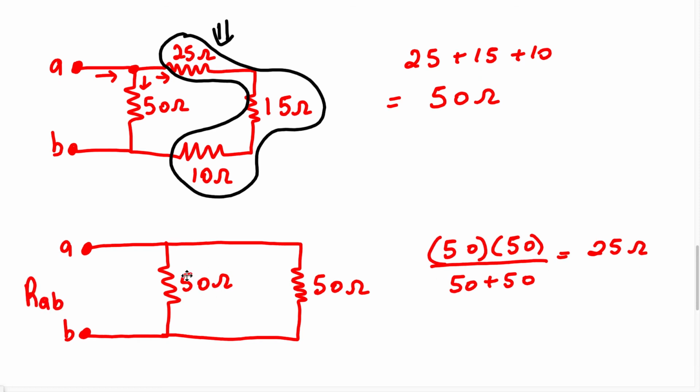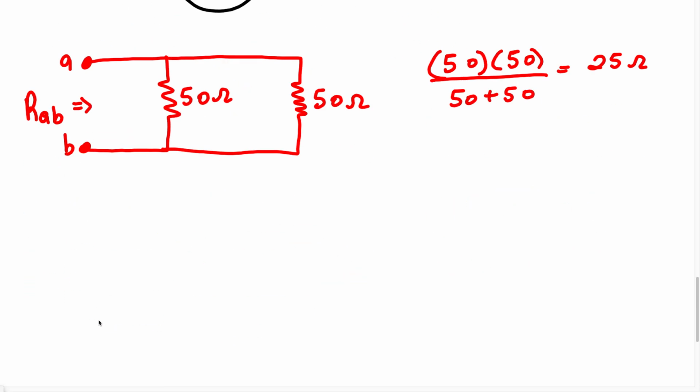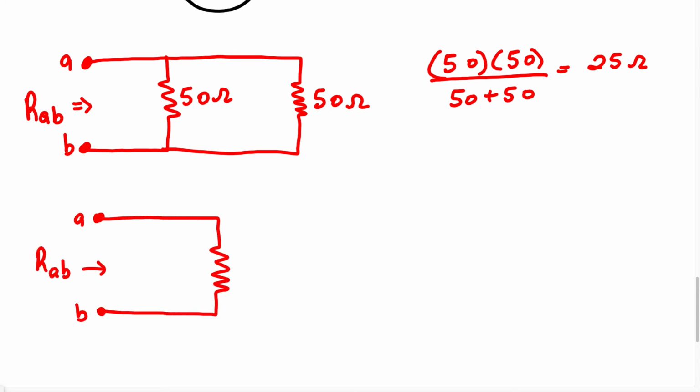So let's draw this circuit one more time to represent the equivalent resistance looking from terminals A and B. We know that this resistance is going to be 25 ohm. Therefore, you can say the equivalent resistance at terminals A and B is going to be 25 ohm.